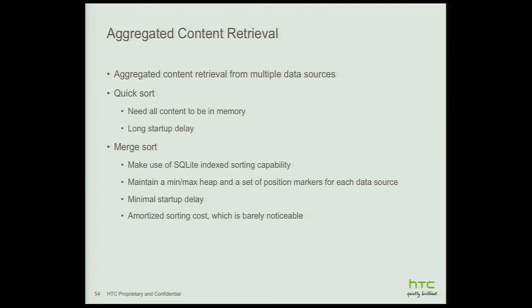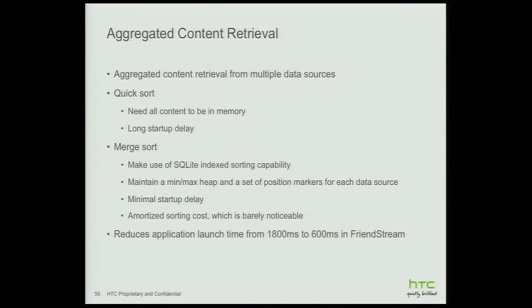At any given time, you just keep a set of pointers to the next available record in each data source, and you only sort that set of next available records when you scroll to a new position in the UI. Essentially, this allows you to amortize the sorting cost while you scroll down the list view. This method has nearly no startup cost, and it makes your app extremely snappy.